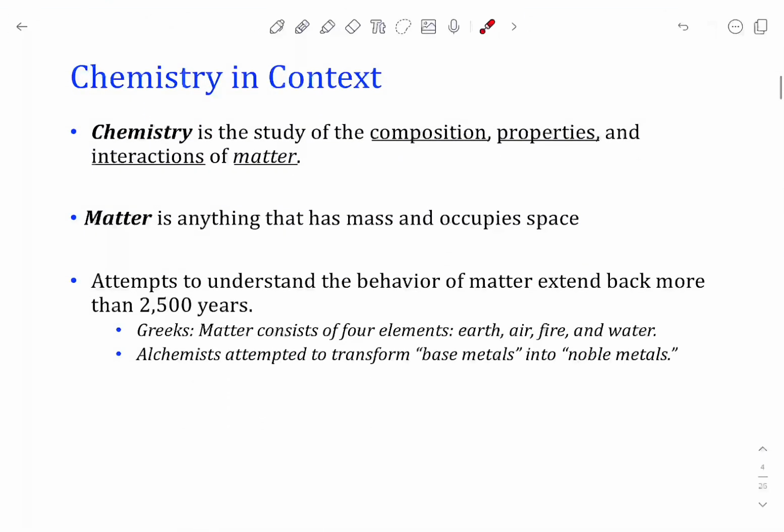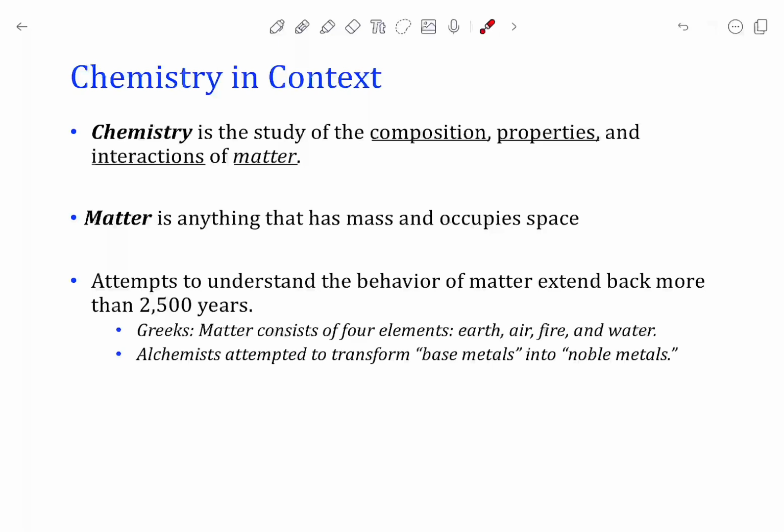So overall, chemistry is the study of the composition, properties, and interactions of matter. Now, what is matter? Matter is anything that has mass and occupies space. Chemistry has been around for many, many years, with attempts to understand the behavior of matter extending back more than 2,500 years.